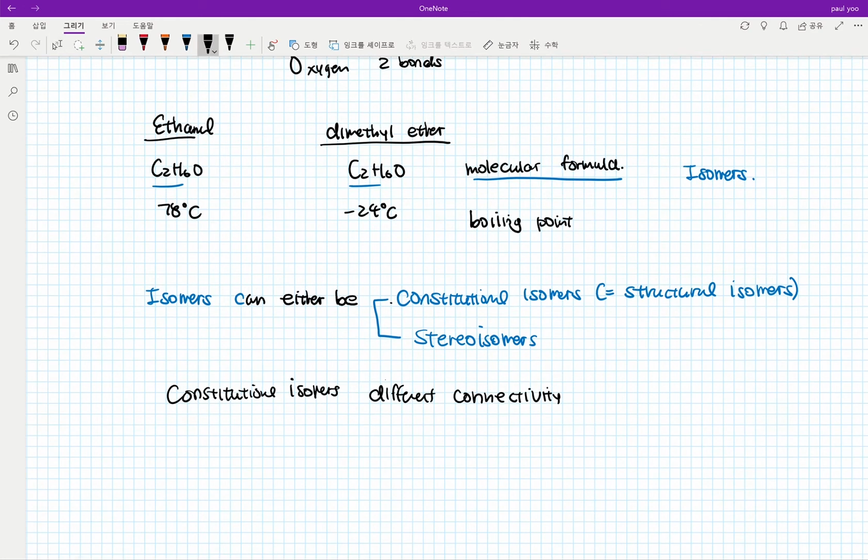Another example could be, let's say we have propane. Both molecules are propane at the moment.